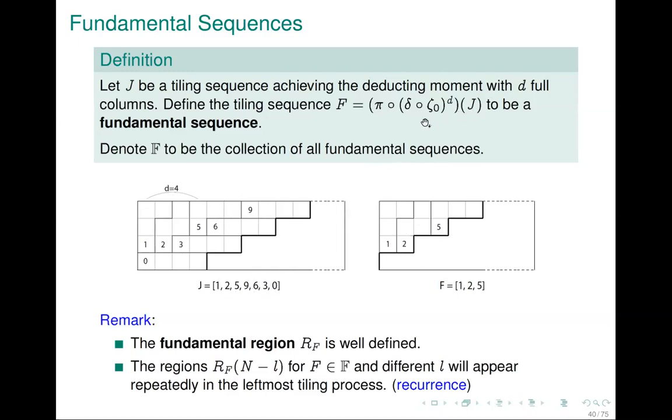So using these operators on J, you will have this result, F. And this F is well defined since I proved that the permutations of the sequence are the same for its residual regions. So RF is well defined. And for the regions, if the left boundary is the same as F, the size difference will appear repeatedly in the leftmost tiling process. So this will tell us some recurrence here.